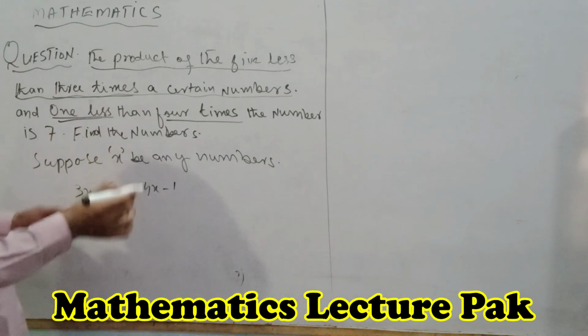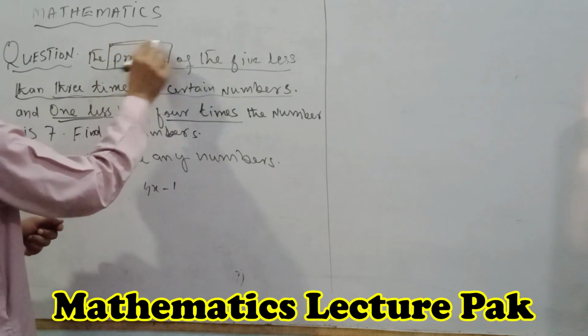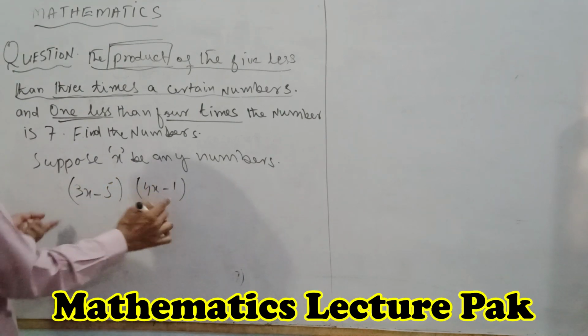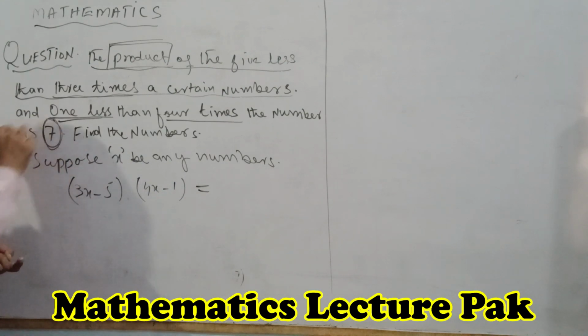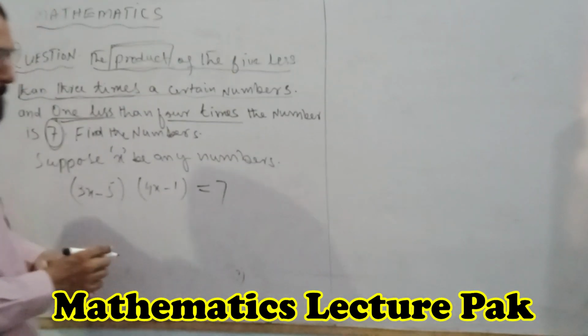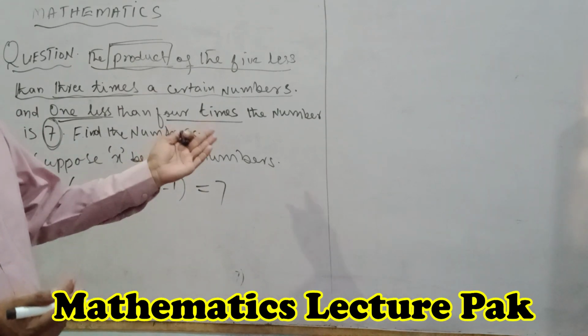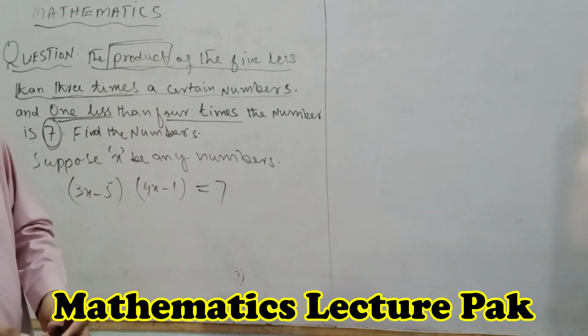You know that these are the two parts, and it is the final product. We can write the product is equal to 7.